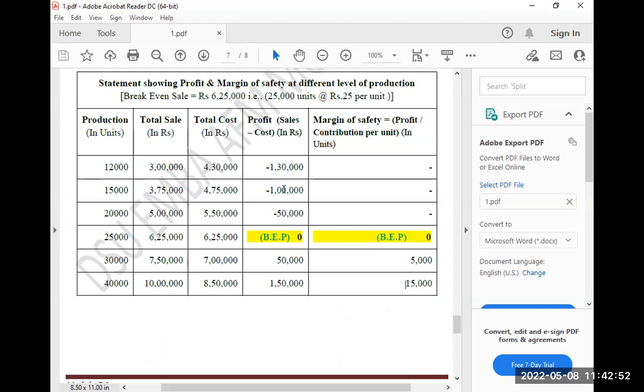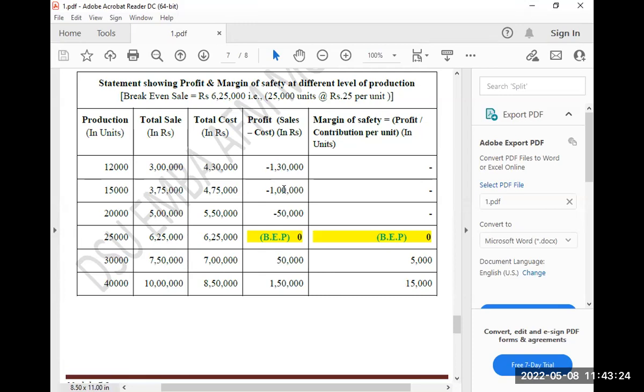First one is 3 lakh. Second one is 3,75,000. Third one is 5 lakhs. Fourth one we already calculated in the previous table. What is that amount? 6,25,000. You write like this, 25 into each level.